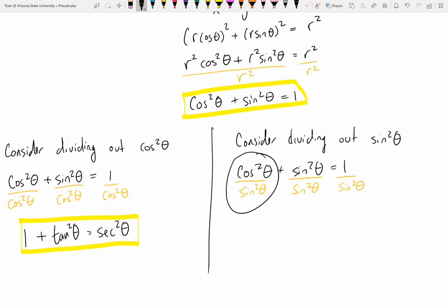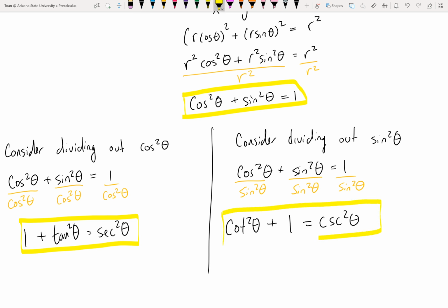So this first term here, we get cosine squared divided by sine squared. Well, cosine over sine is the flip of tangent, in other words, cotangent. So if you deal with the squares, it just simply becomes cotangent squared. Sine squared over sine squared, of course, is 1. And then 1 over sine is cosecant. So if you deal with the squared, it just becomes cosecant squared.